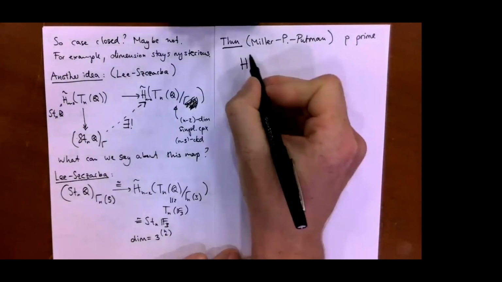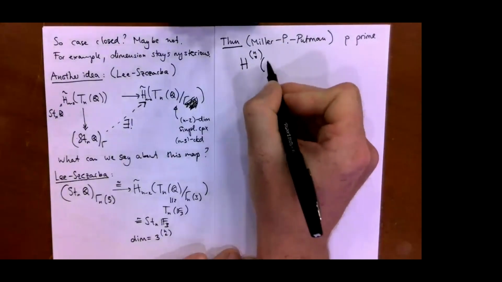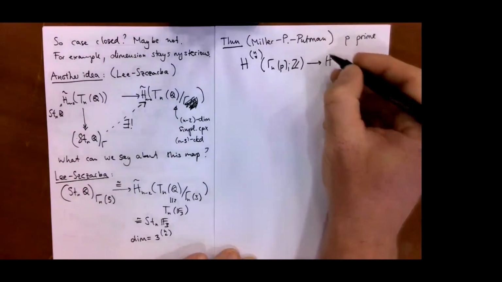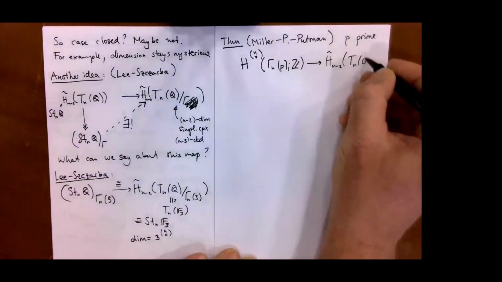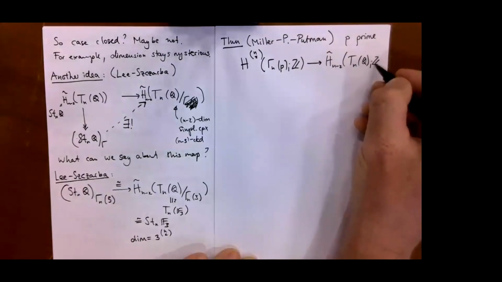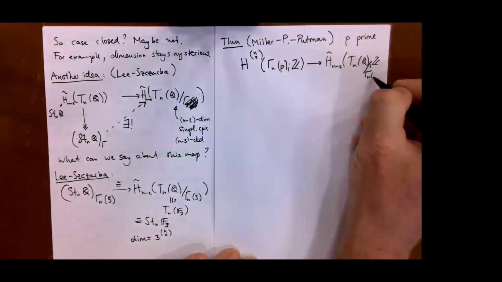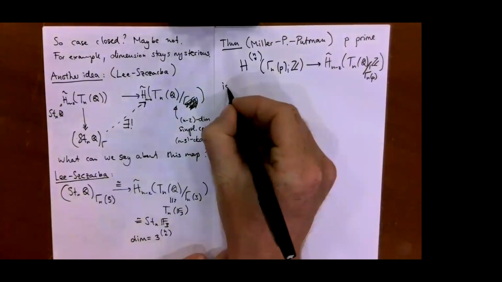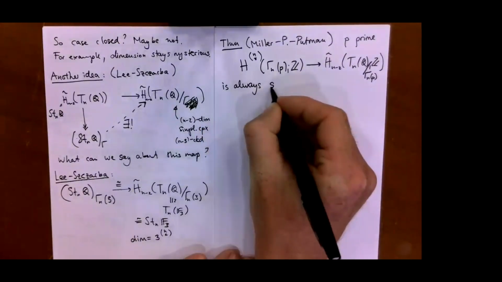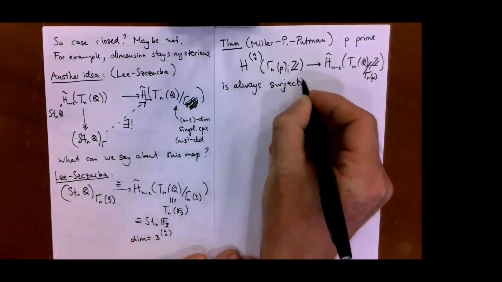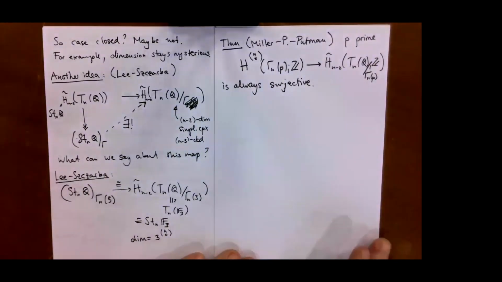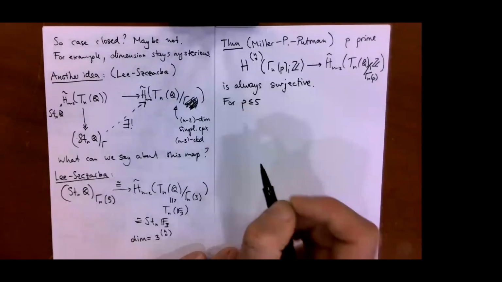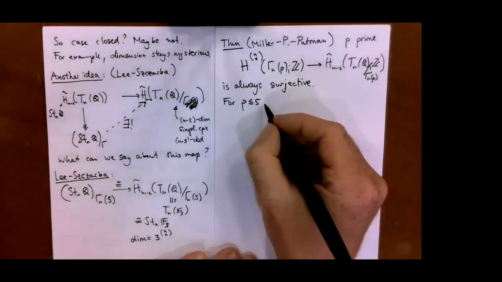Then this map, which I can write as from here to here, mod gamma(q), is always surjective. This map is injective for p at most 5.